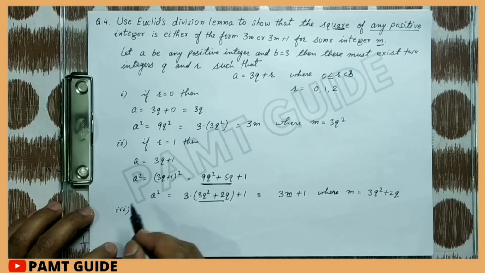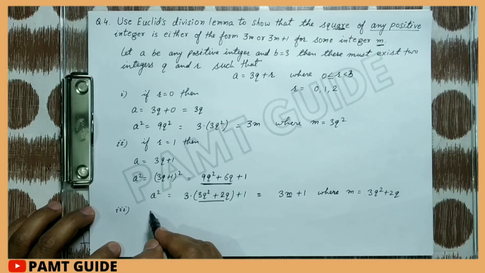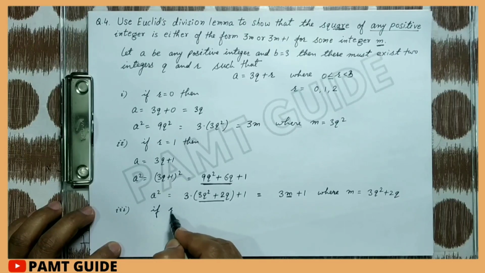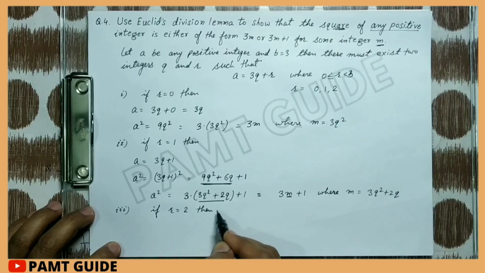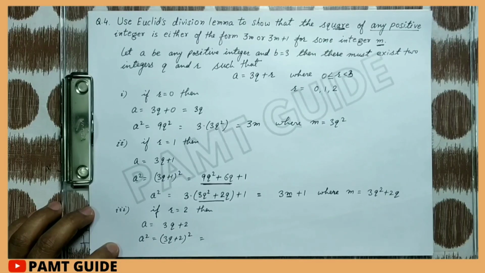Now the third case, if r equal to 2, then a equal to 3q plus 2. Again squaring both sides, a square equal to 3q plus 2 whole square.